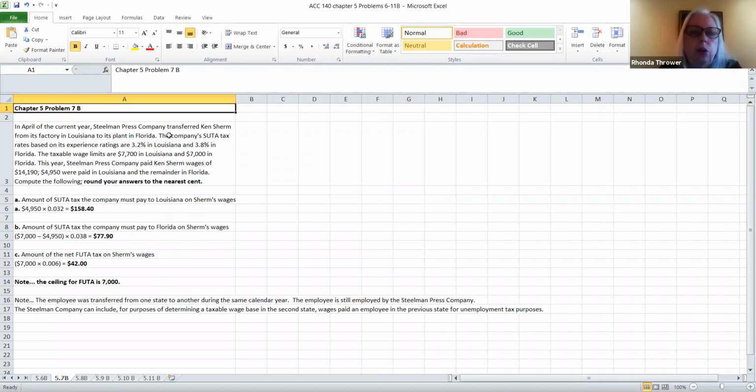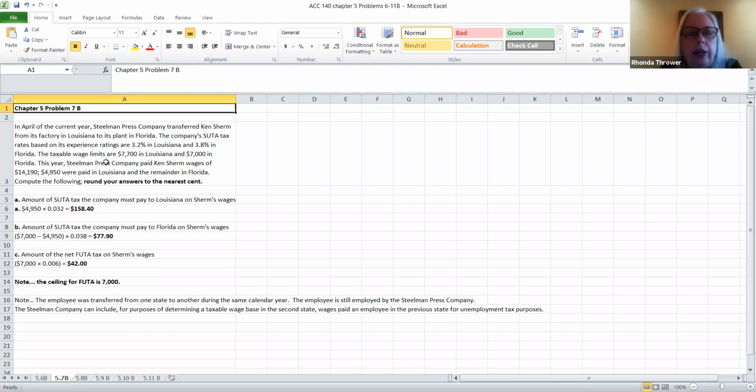So Ken Sherm is working for Stillman Press, and he was transferred from Louisiana to Florida. The company's pseudo-tax rates based on its experience ratings are 3.2% in Louisiana and 3.8% in Florida.